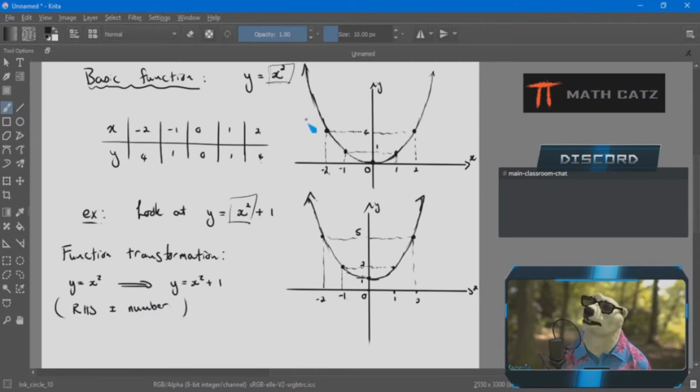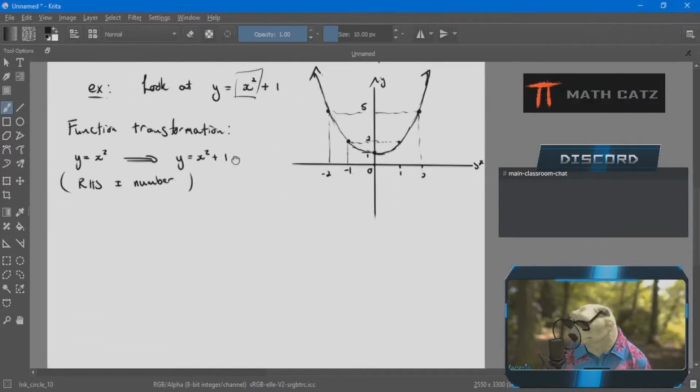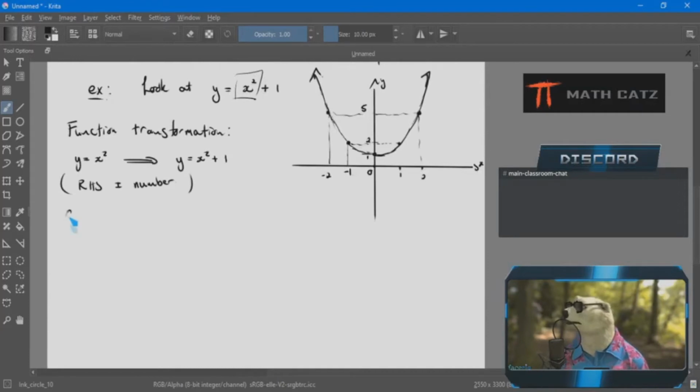Then there's a corresponding change in the graph because the function changed. So then I have a graph transformation, which is a vertical shift, I'll call it. Fancier word is translation, but I'm shifting it up and down.